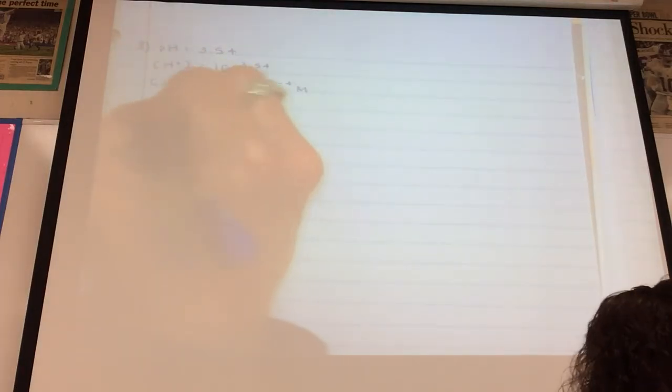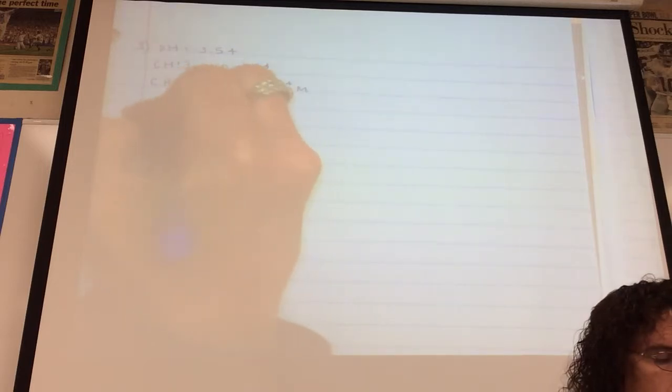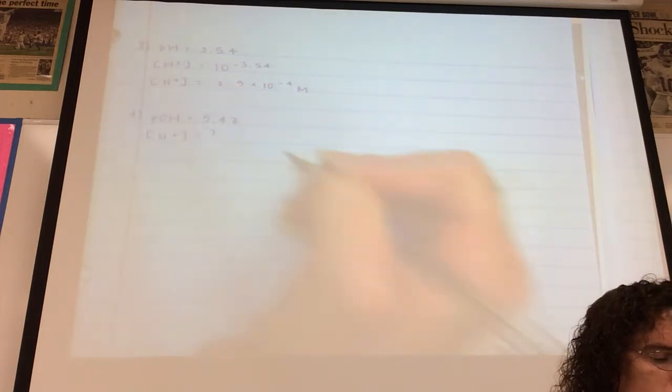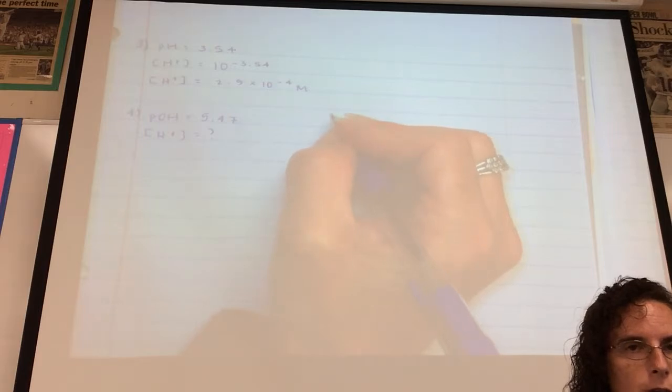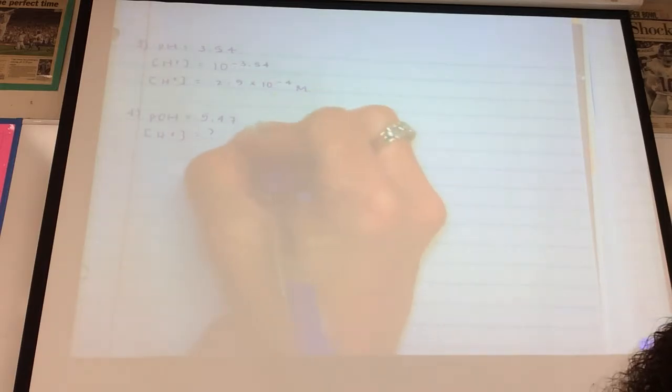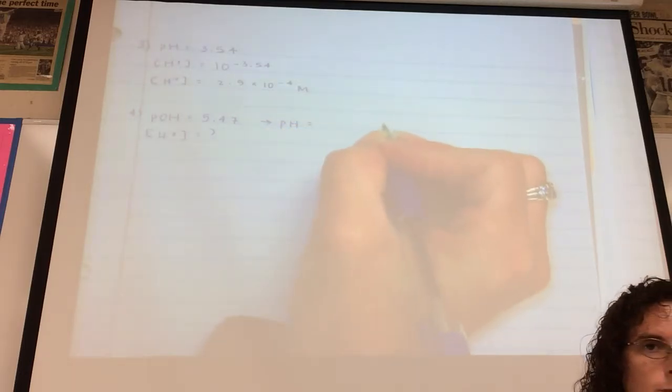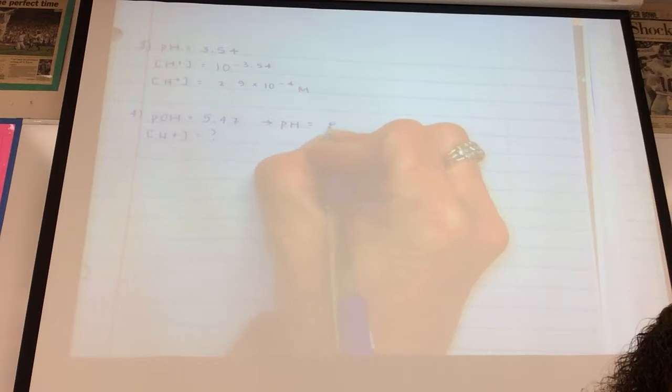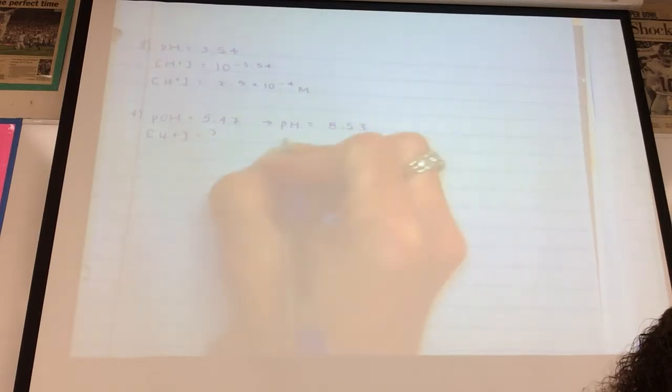On number 4, it says that the pOH is equal to 5.47. We want to calculate the proton concentration. So what do we need to do before calculating proton concentration? Got to get the pH. How do we get the pH? 14 minus that is 8.53.